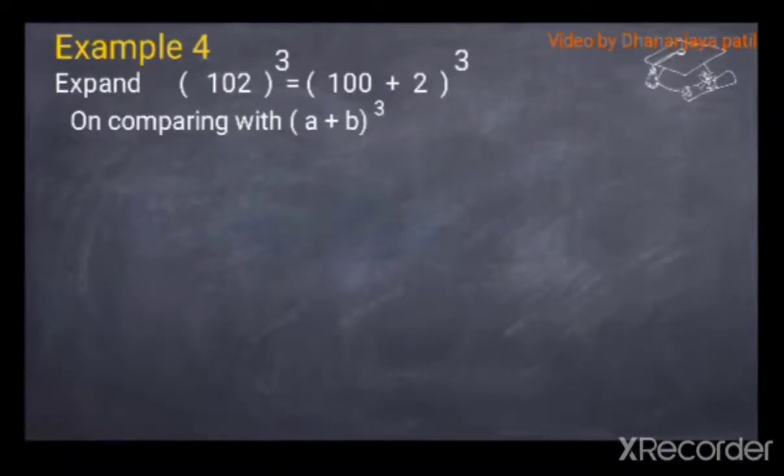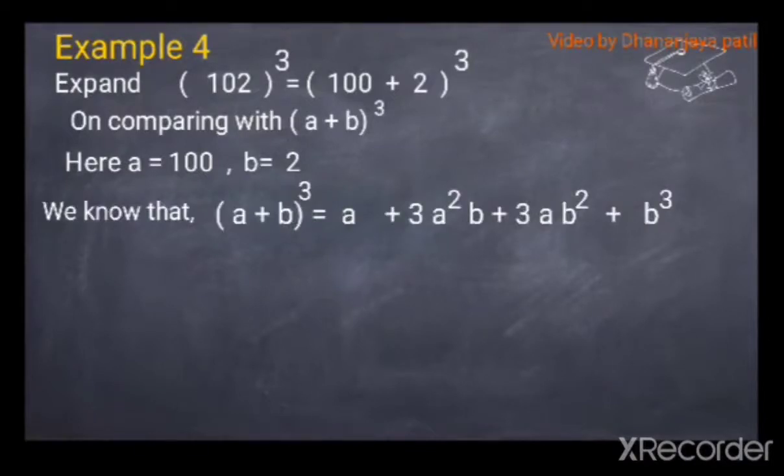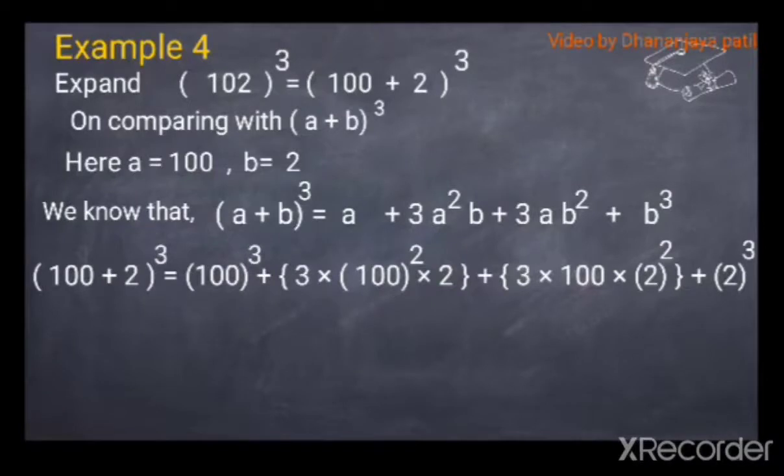Therefore, on comparing with this expansion, we get the value of a equal to 100 and b equal to 2. Now use the expansion here. Substitute all values in this expansion, and after substitution we get this step.